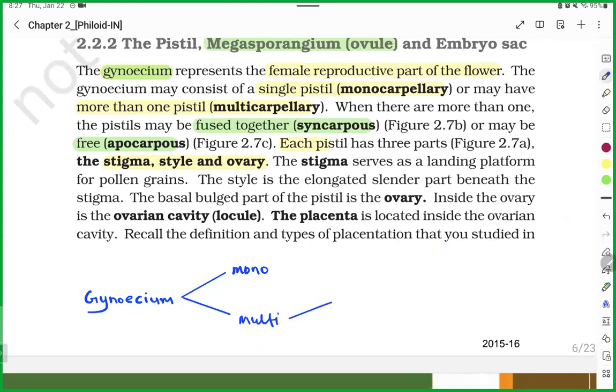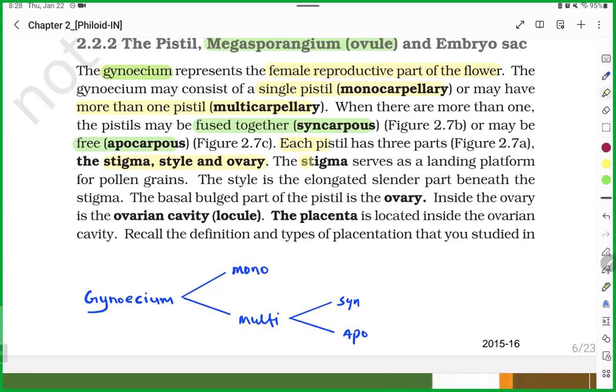Multicarpellary can further have two possibilities: syncarpous and apocarpous. So both are multicarpellary. Any doubt, guys? No doubt, sir.